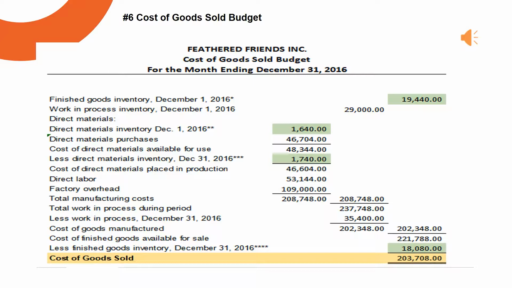Then we would deduct our direct materials inventory end at December 31, 2016 by multiplying the 220 units of wood by $7 per unit. That would give us $1,540, and multiply the 200 units of plastic as well by $1 per unit, and that would give us $200.